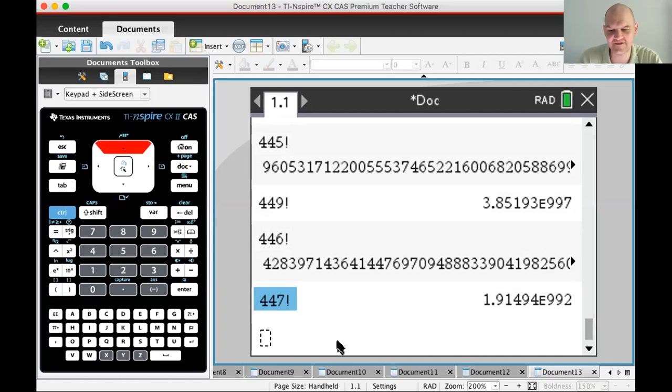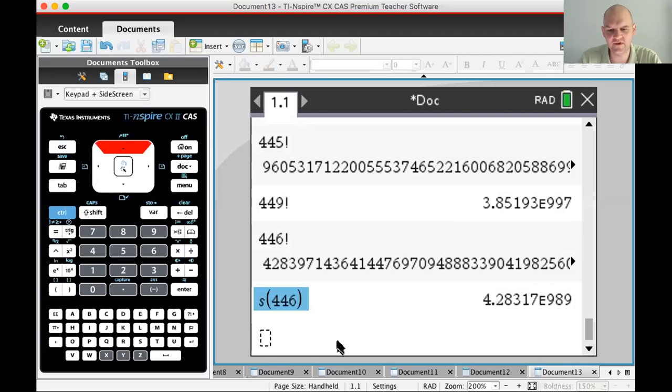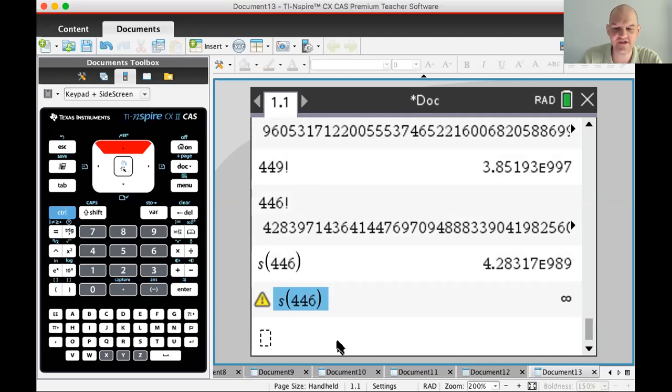Okay, 446 factorial is the highest it'll get. Let's do S of 446. Hold on. That's interesting. I did approximately equal to, and it gave me this, which, look at the first numbers, 4283, 4283, not bad. When I asked for the exact value, it gave me infinity. So whatever. Anyway, that's Stirling's formula.